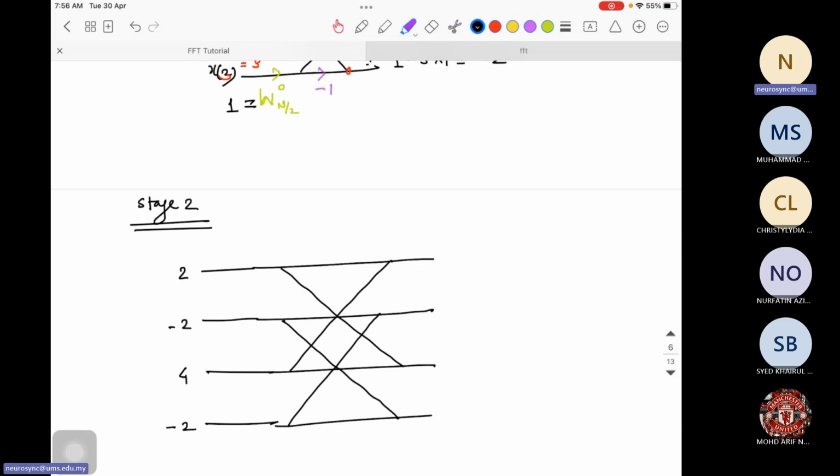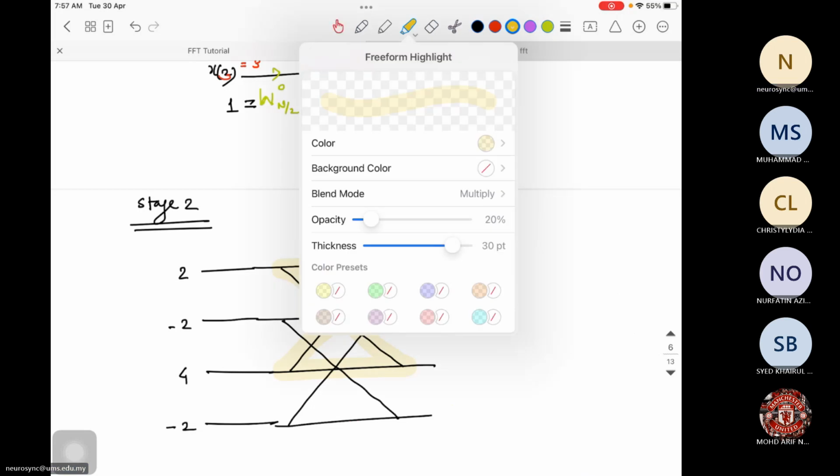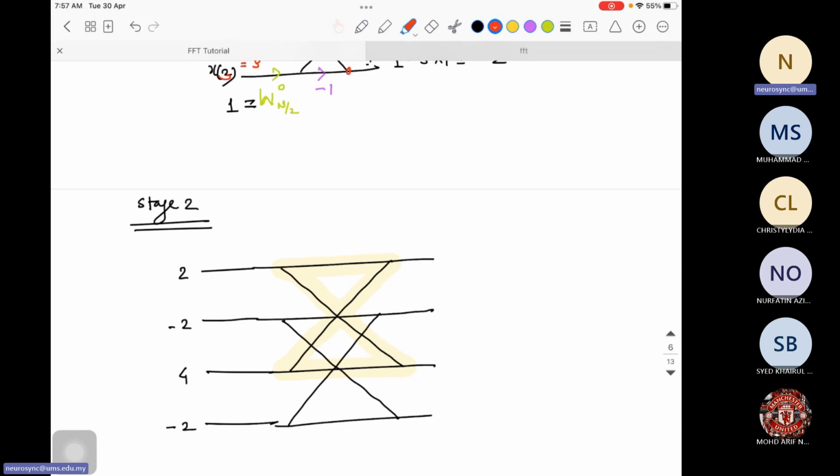The first butterfly is basically this, and the second butterfly is this.